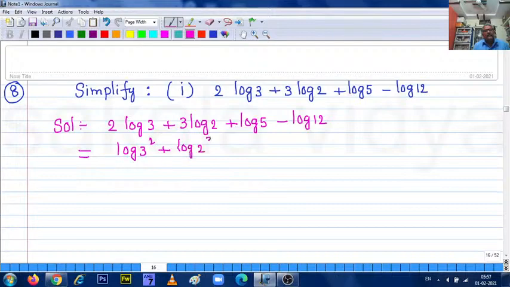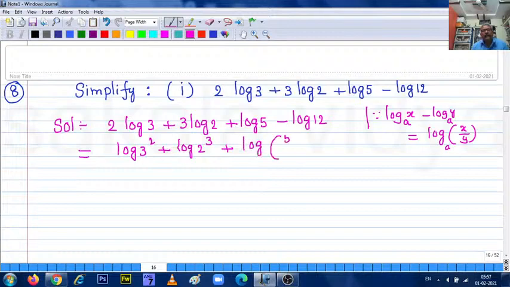We have one formula: log x minus log y we can write as log of x by y. This is called the quotient rule. Apply the quotient rule on these two. We can write log of 5 upon 12.